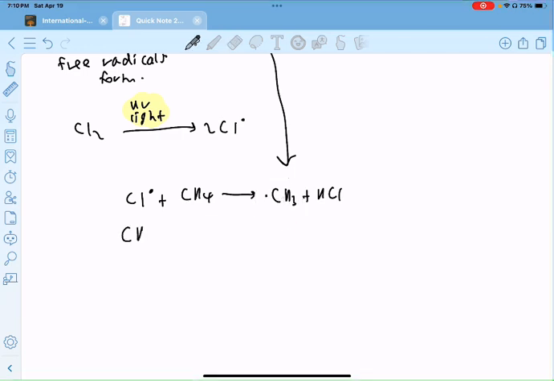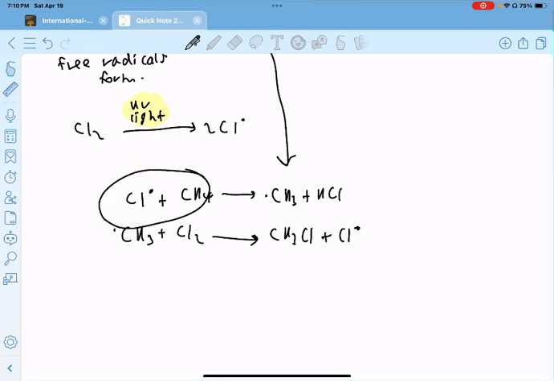That CH3 can attack again the Cl2 now. This is this, okay? And you will form CH3Cl plus a Cl free radical, okay? Again, a way to look at it is there are 2 Cl's here, and the free radical always needs one thing.